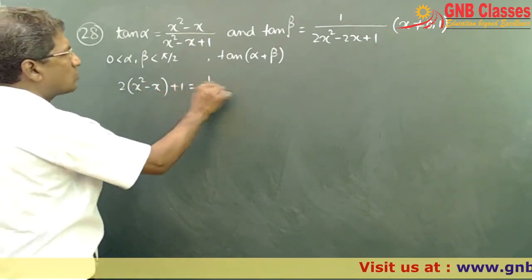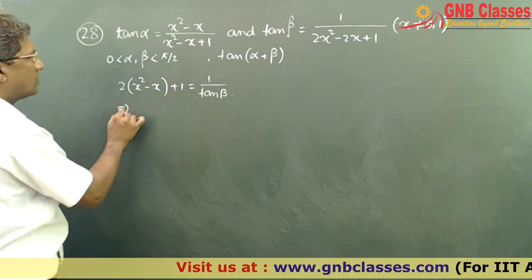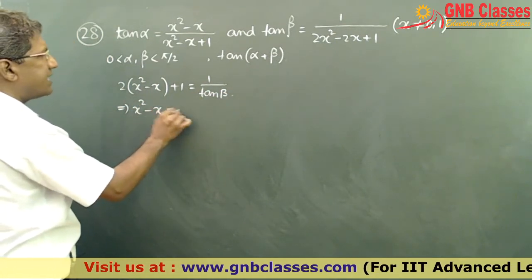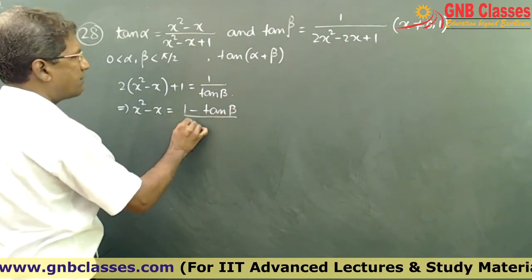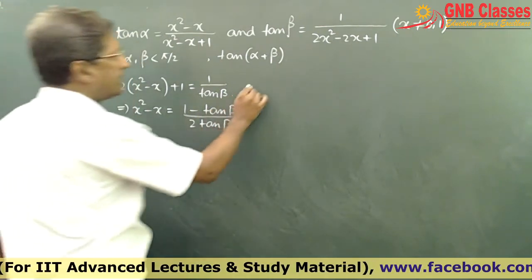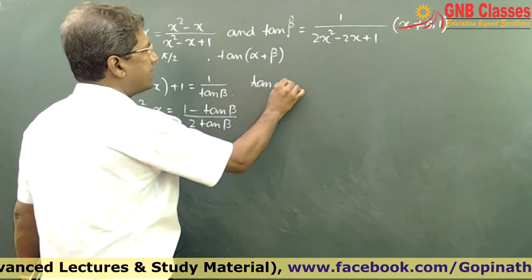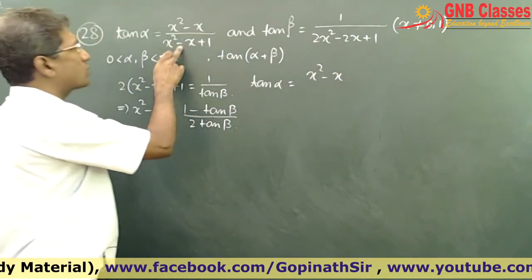Which can be written as 1 by tan beta. So x square minus x is nothing but 1 minus tan beta divided by 2 tan beta, right? Now we have been given that tan alpha is x square minus x by x square minus x plus 1.